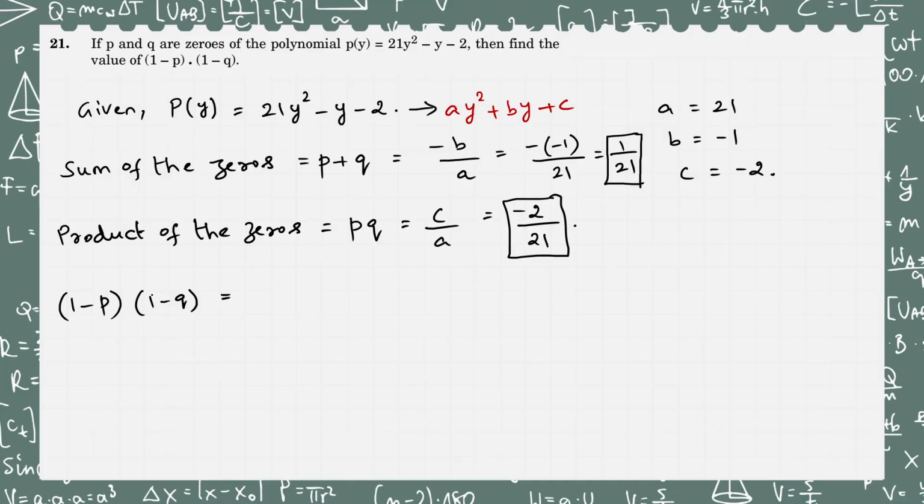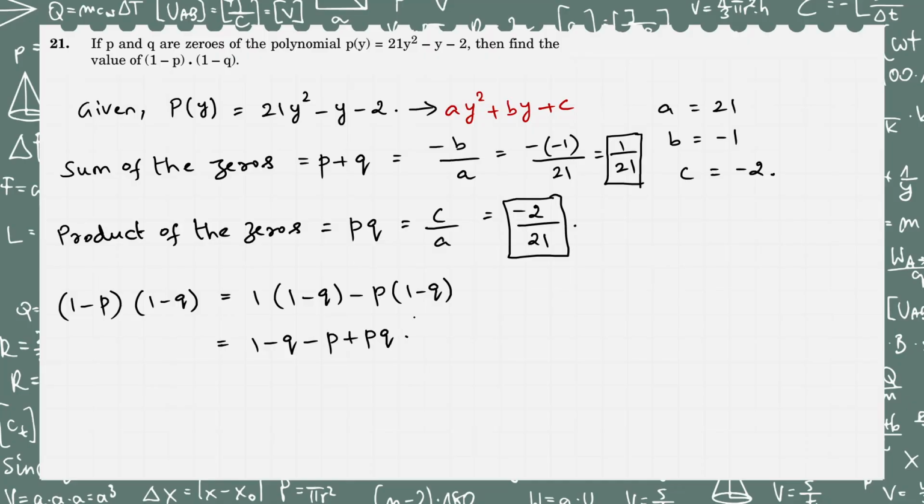When I multiply one binomial by another binomial, what I can do is 1 into 1 minus q, minus p into 1 minus q. This is how we will multiply them, right? And this will be 1 minus q minus p plus pq, correct?